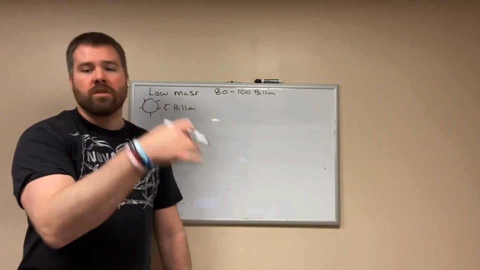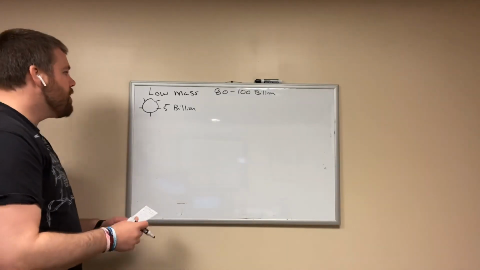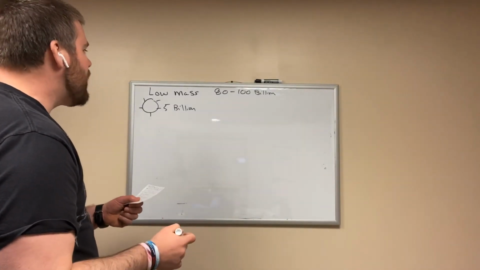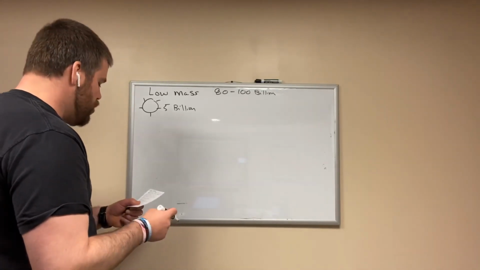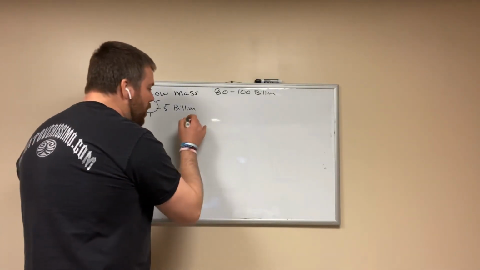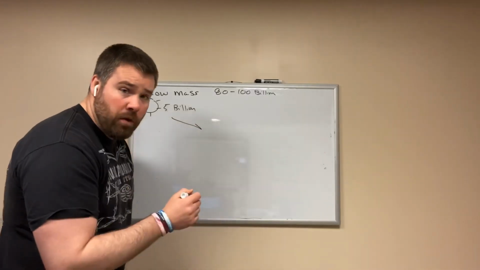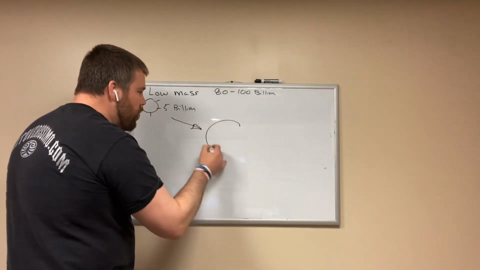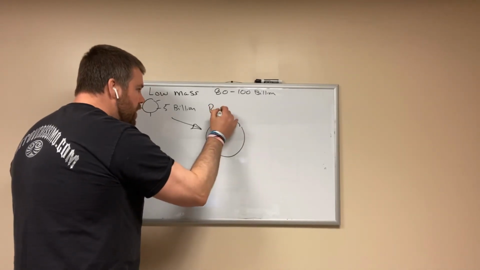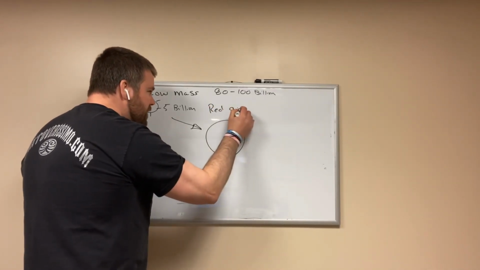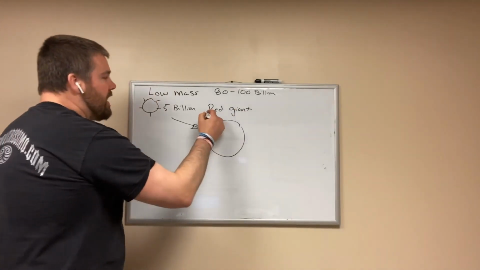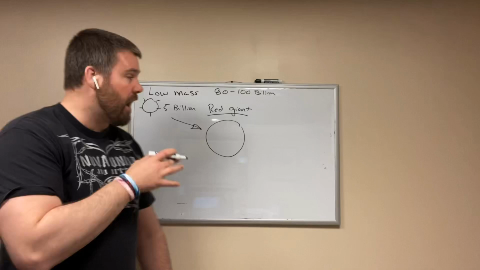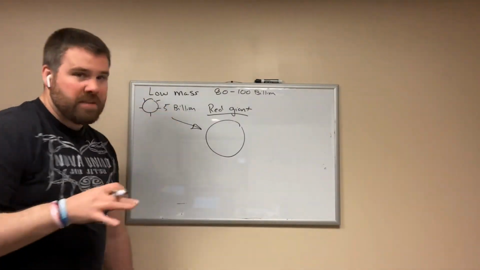So let's say that 5 billion years goes by. It gets older, and after that 5 billion years, we start changing into a red giant. Now, a red giant is, like it said, it's blue. Just kidding. It's red. A red giant, such as Betelgeuse, is much bigger than our medium-sized star.